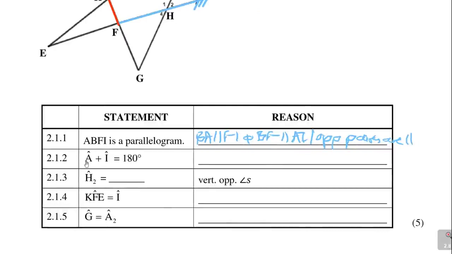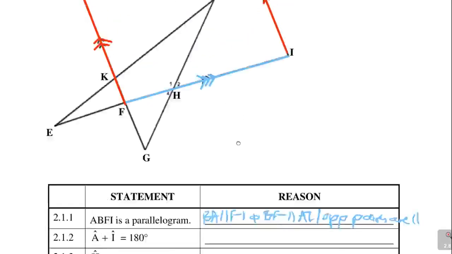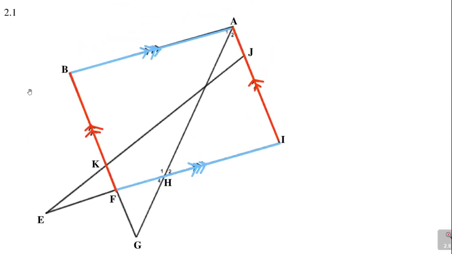And then angle A plus angle I is equal to 180 degrees. Let's look at that. Angle A, this angle here, they mean all of it. By plus angle I, they mean all of it, is equal to what? 180 degrees. And what is the reason?